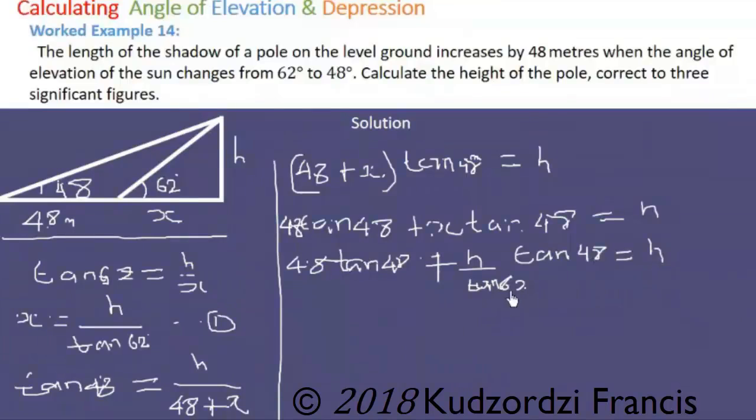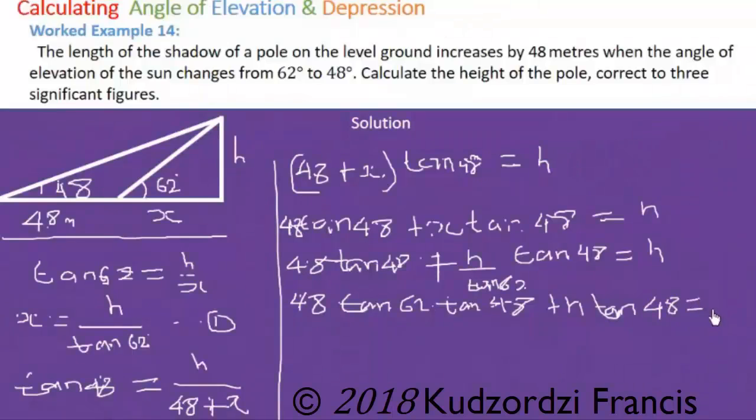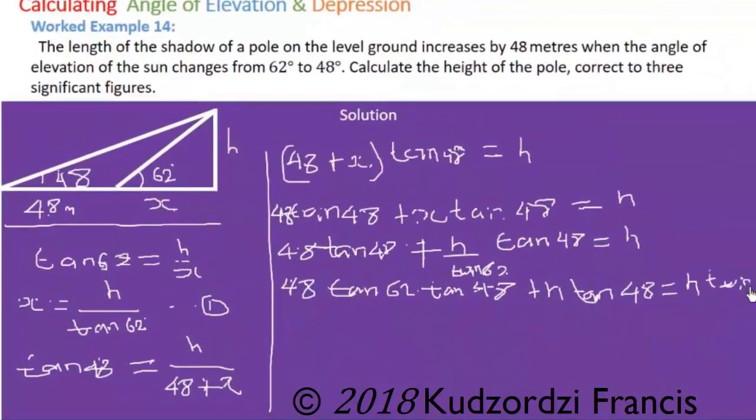Now we make h the subject, but first of all we need to clear this fraction. So we multiply through by tan 62. So we have 48 tan 62 times tan 48 plus h tan 48 is equal to h tan 62.